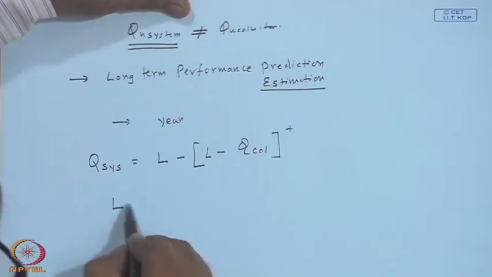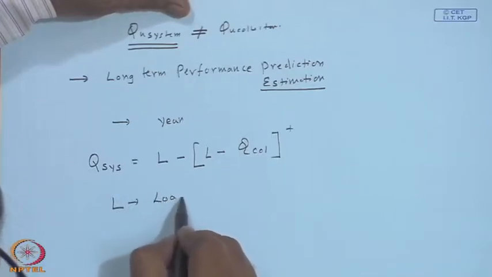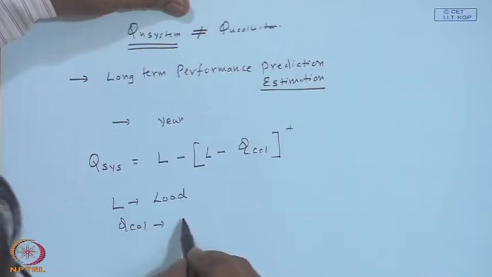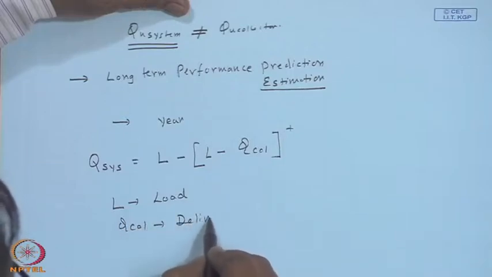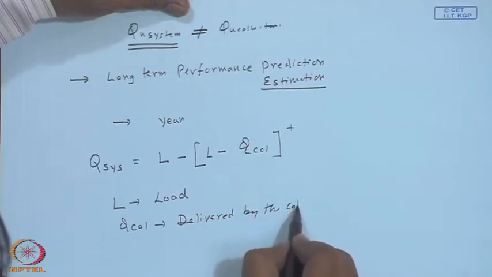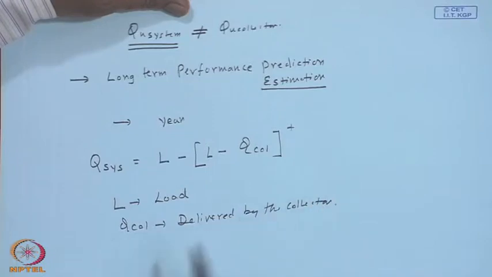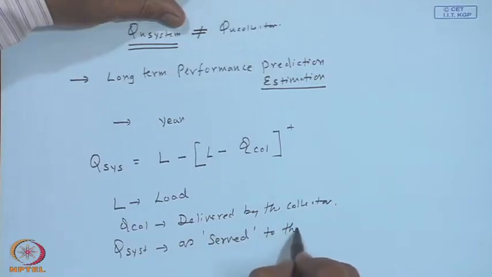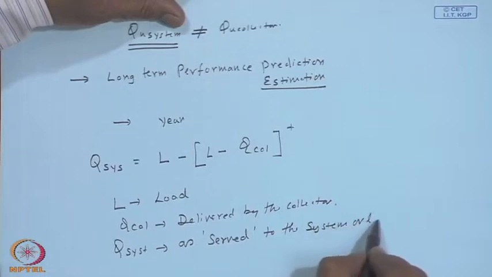Let us say L is the load and Q col is the energy delivered by the collector, and Q system is the energy served to the system or load.